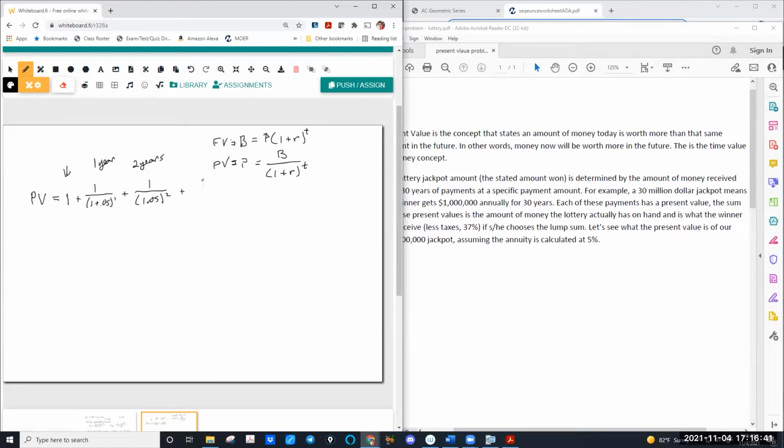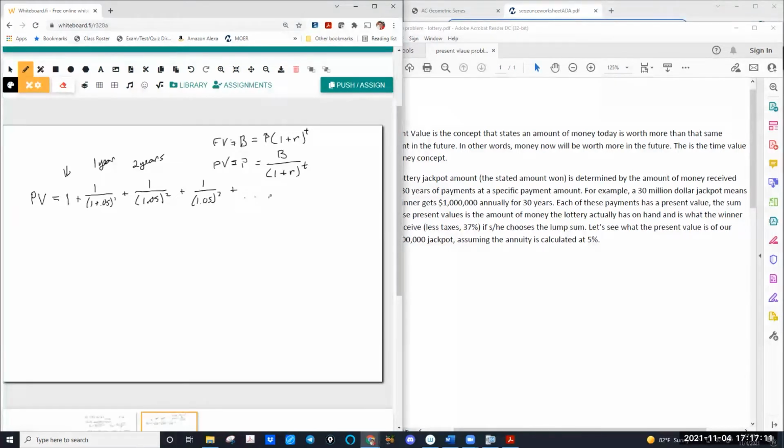And this keeps going. 1.05 to the third. And here's the coolest thing about geometric sequences and series. It all comes down to identifying patterns. Notice what's happening in this pattern. The exponent of the denominator just keeps going up 1 each time.